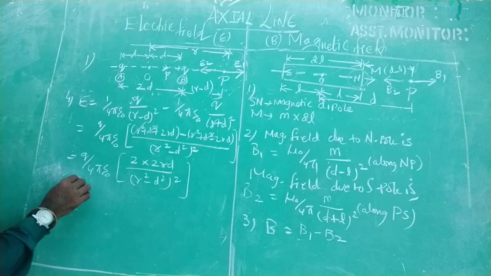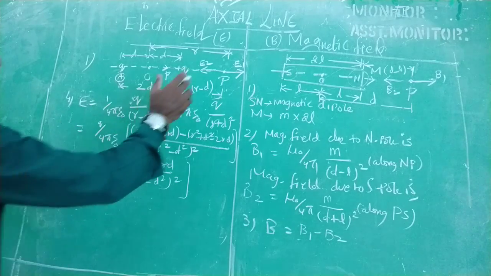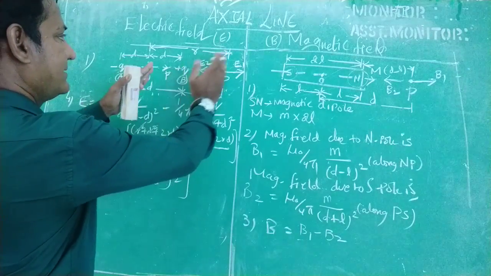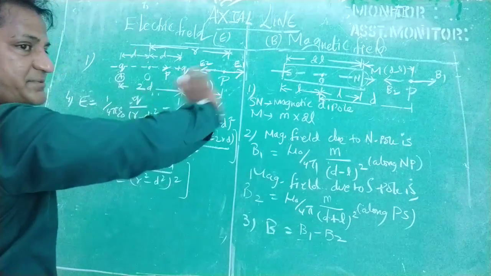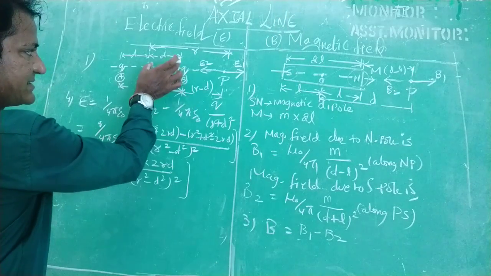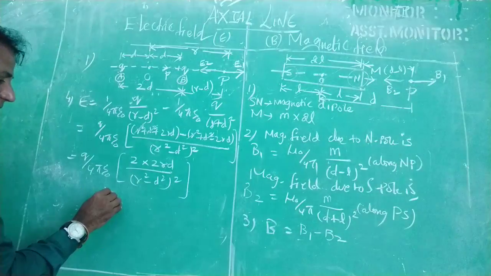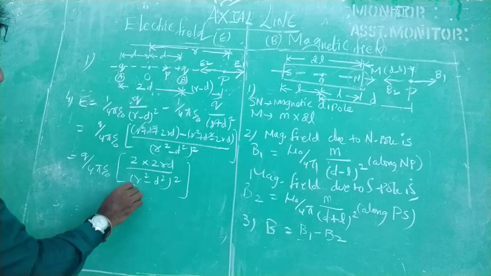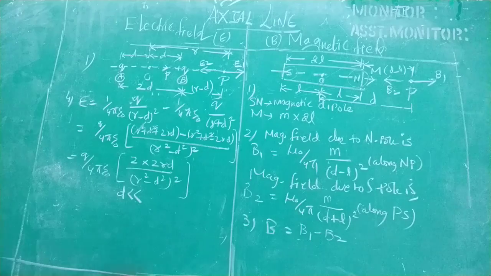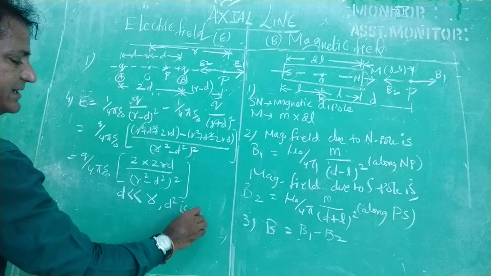And again, see here in this diagram, the distance between the point O and P, r, is very, very greater when we compare the small distance d here. So d is very, very lesser than r, so d squared is negligible.